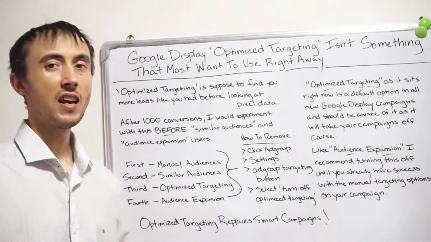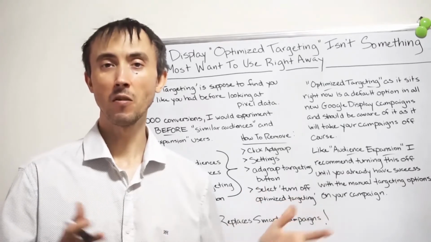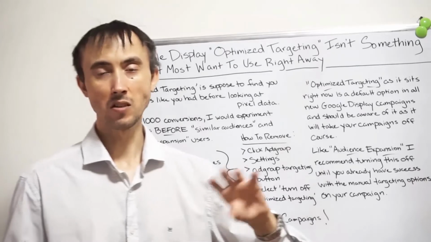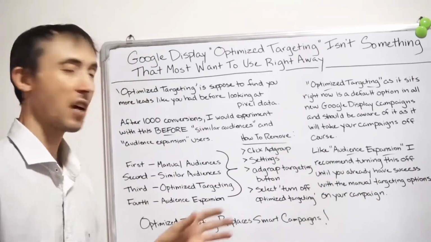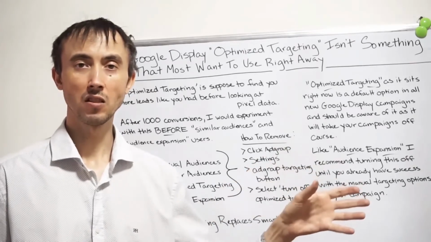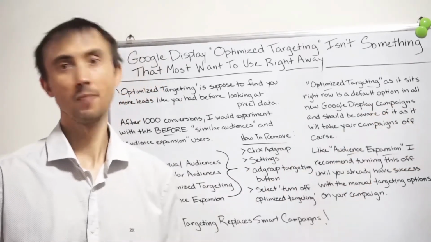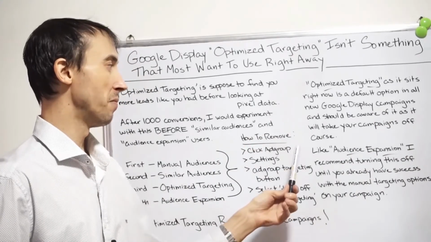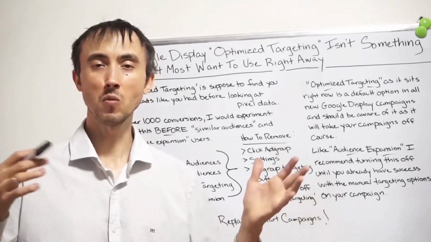So what they did, it was running in beta for long enough that they decided just to make it a part of every display campaign now. So they retired the smart campaigns so that you're basically going to be set up with it by default, or let's just say forced, if you want to call it forced. And so it's running automatically, which is not a bad feature, it's just about timing.